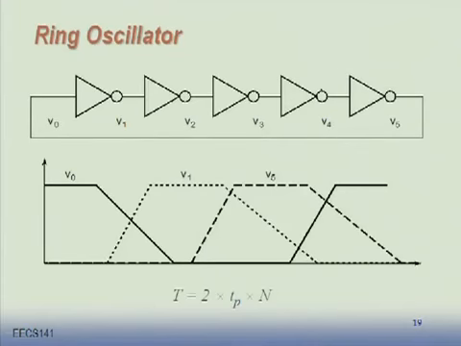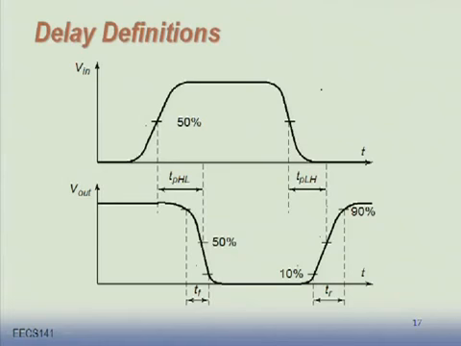When we talk about the propagation delay for a gate, we'll say it's approximately the average of TPHL plus TPLH.